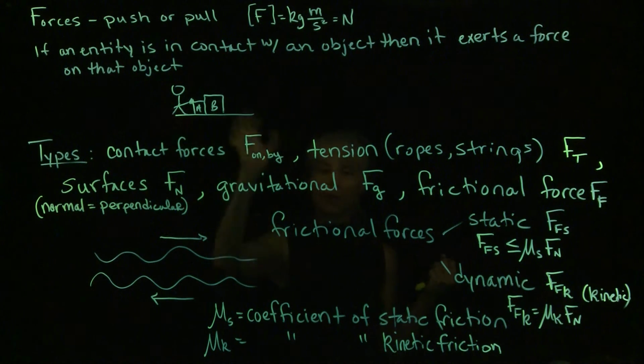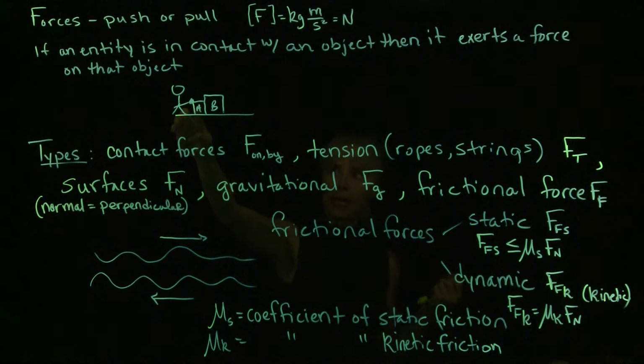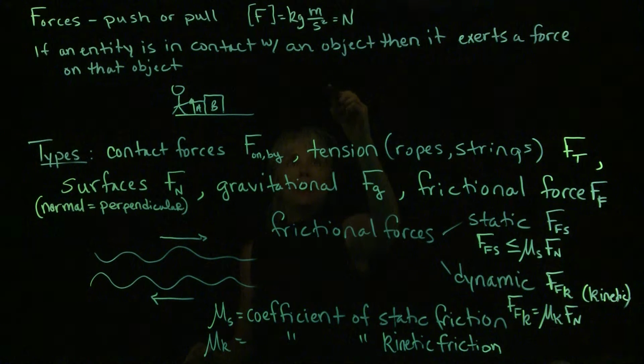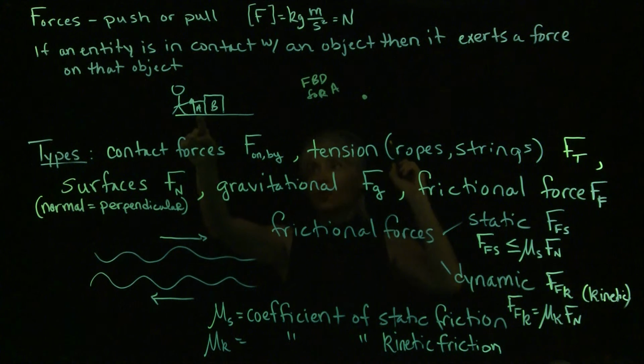So as an example, I have a picture of a person pushing on box A, and box A is in contact with box B. So you can see that if I draw a free body diagram for A, then A is going to have forces exerted on it.